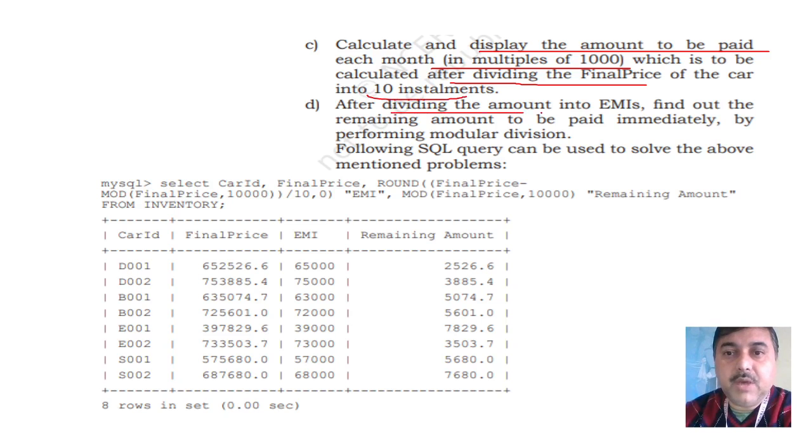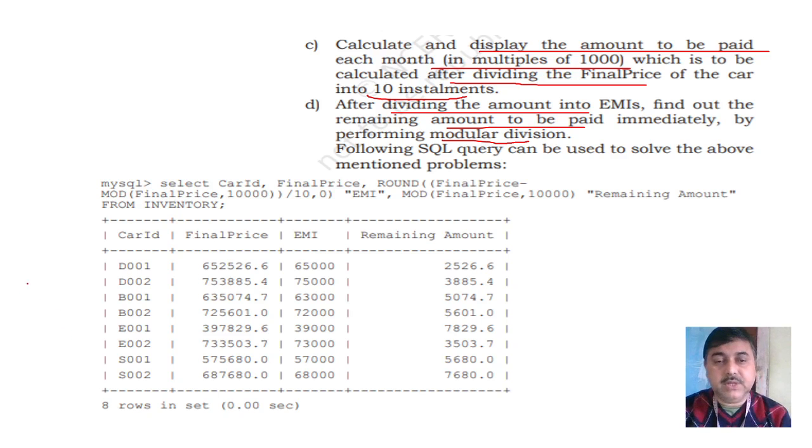After dividing the amount into the EMI, the remaining amount is to be paid immediately by the modulus. So modular division is the way we can find this. That means this is what we are going to make.